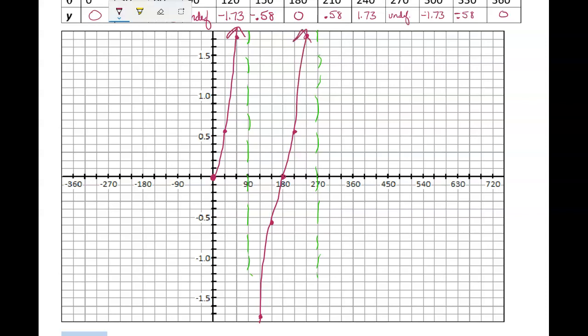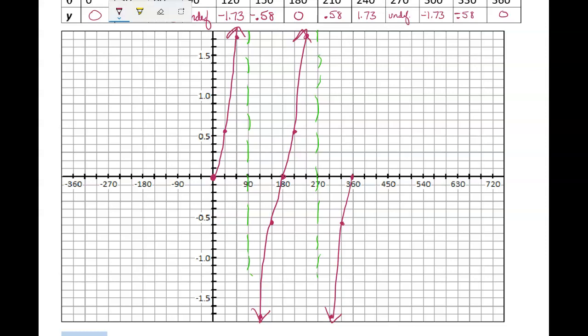Nice little shape there. Curvy, but looking kind of vertical there. And then beyond 270 at 300, we have a negative 1.73 tangent value. At 330, a negative 0.58 value. At 360, 0. So there's the 0 to 360 degree range.